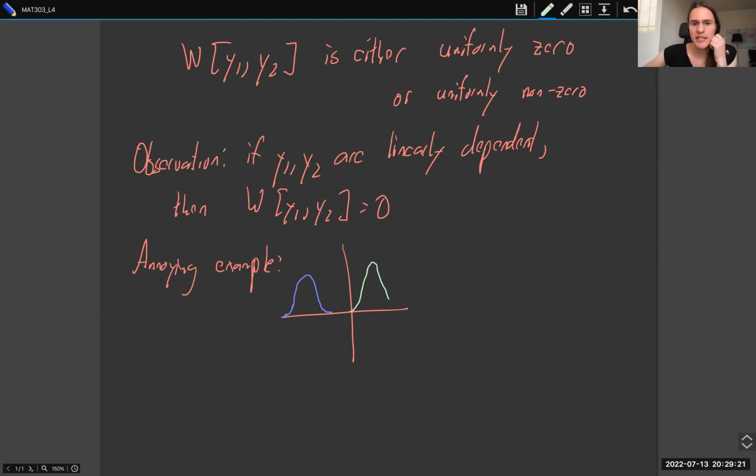It's 0 everywhere except it's not 0 here. So in mathematics, we'd say that y1 and y2 have disjoint support.